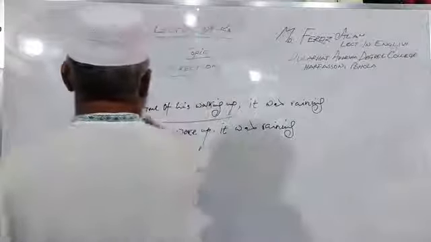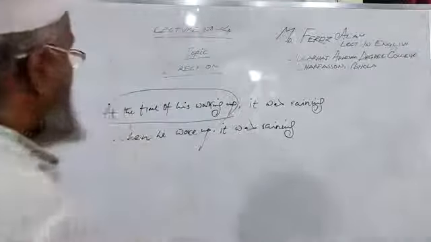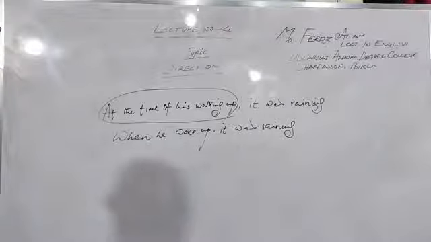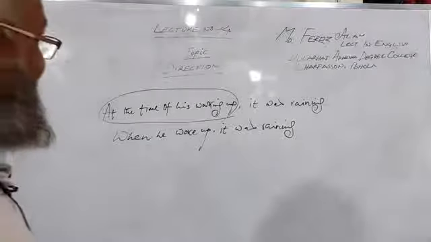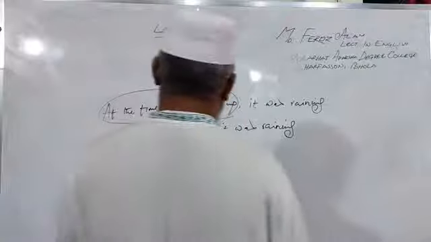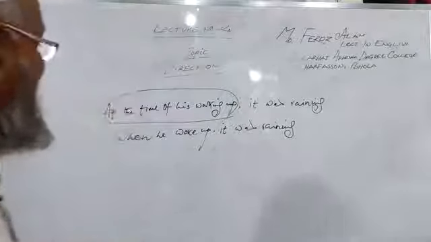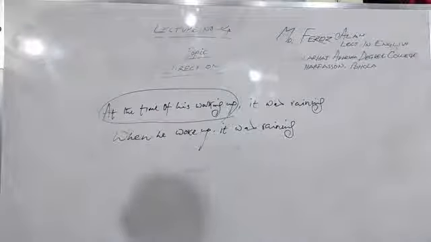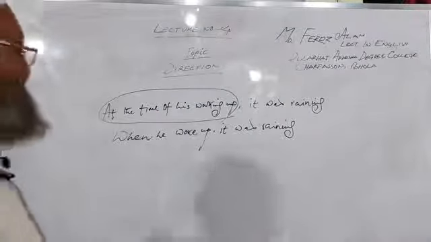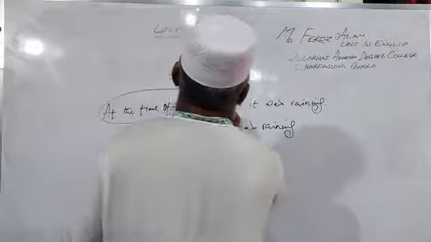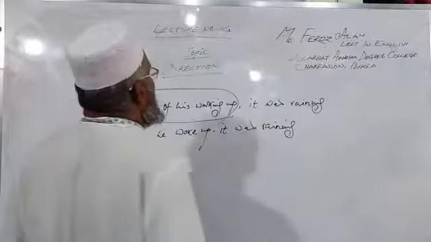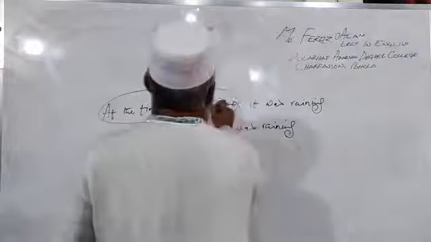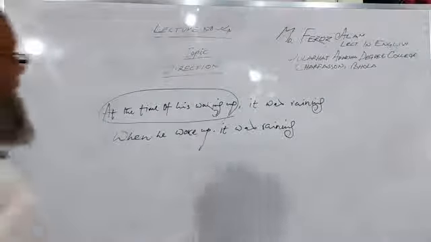Here we find this is a prepositional phrase, and from the prepositional phrase we go in clause. How is it? Here in place of his, he is subjective form, and then waking up. Here we find waking up, and wake.